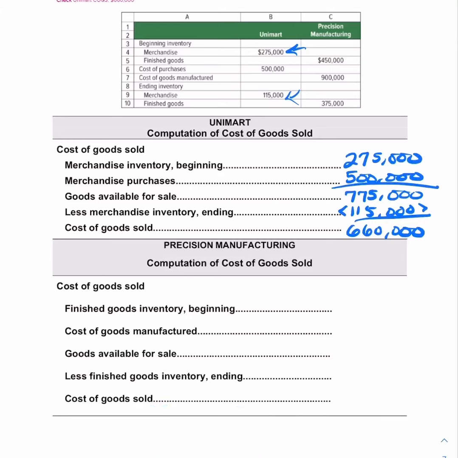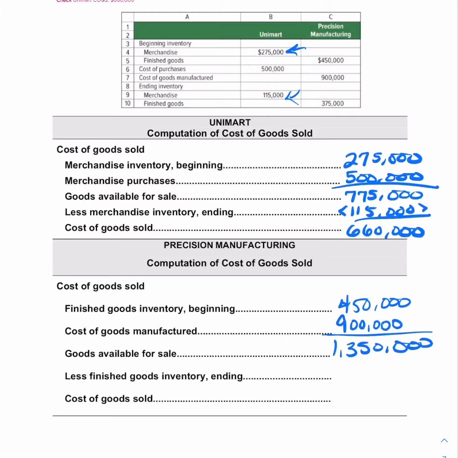So what we see here then is for precision manufacturing, we have finished goods inventory beginning, and that is $450,000. So we've got our beginning. Then we had some goods that we actually manufactured. This was $900,000 worth of goods, which tells me I've got goods available for sale of $1,350,000.